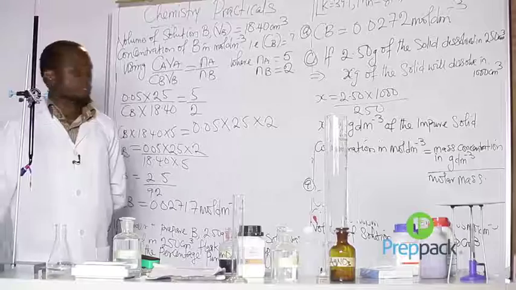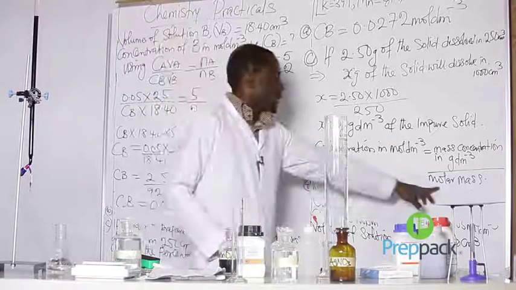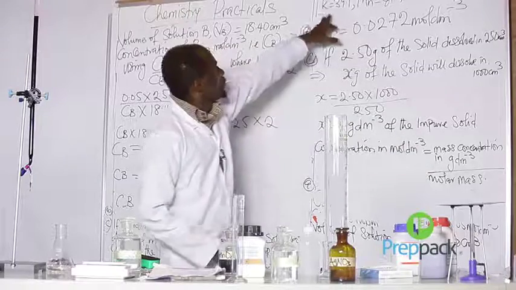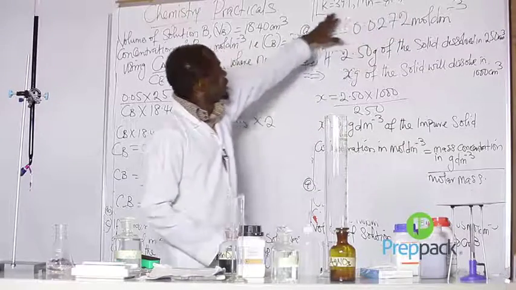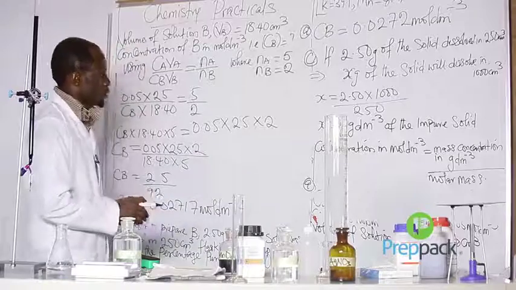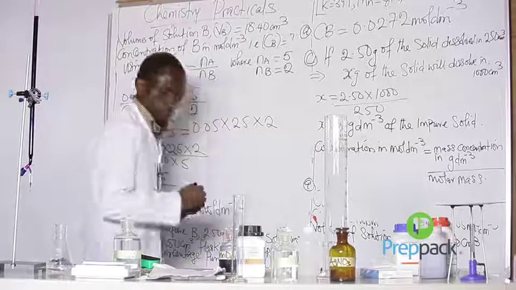And I need to get the molar mass of the KMnO4. The masses of the individual elements in the KMnO4 are given to us. So I need to get the molar mass of KMnO4.